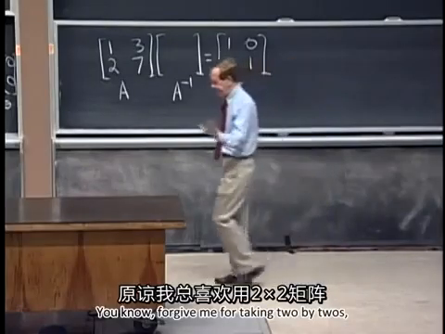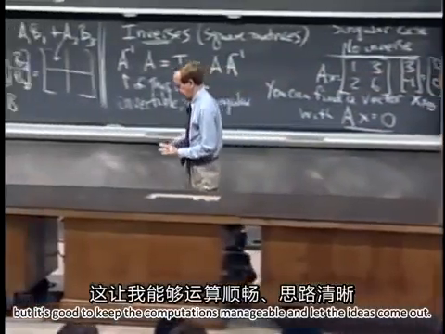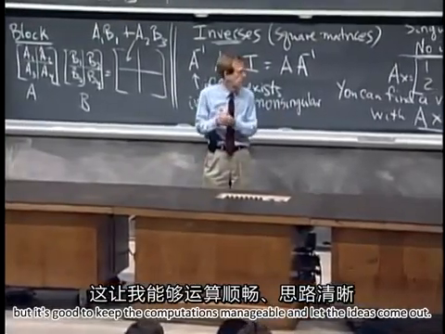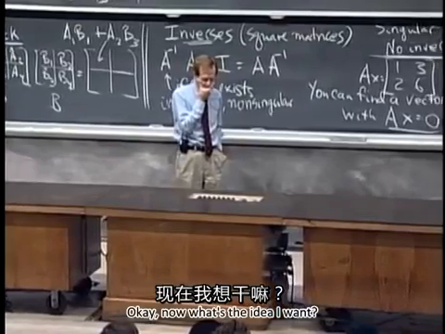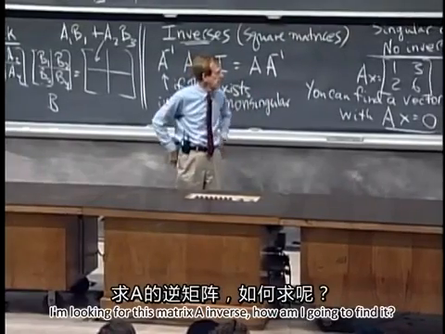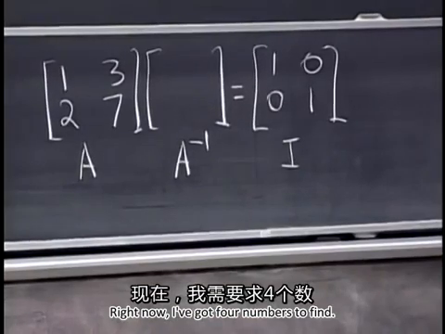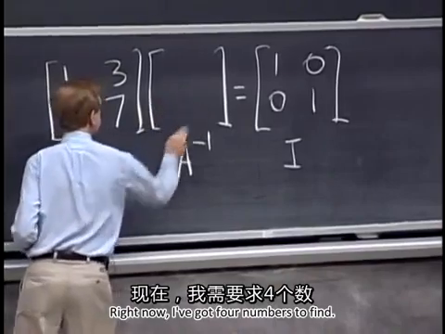Forgive me for taking 2 by 2s, but it's good to keep the computations manageable and let the ideas come out. Now, what's the idea I want? I'm looking for this matrix A inverse. How am I going to find it? Right now, I've got 4 numbers to find.